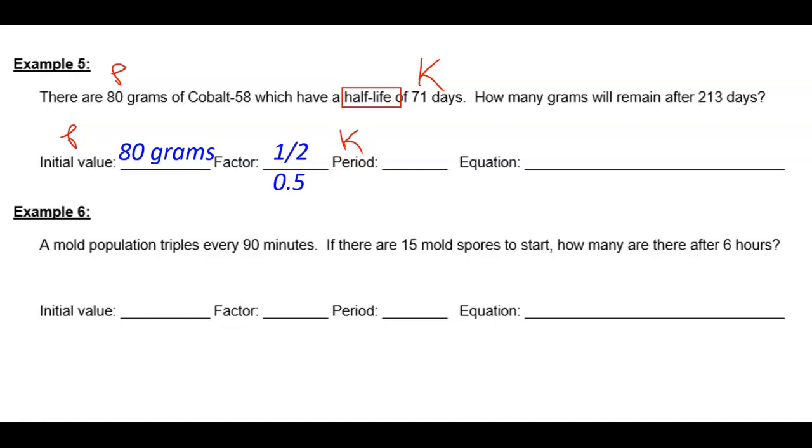Okay? Very important. The amount of time it takes to change is the period, but the T time is what they ask you at the very end. How many grams are going to be after 213 days? That's your T. Okay? Please notice there are two different day values. How much time it takes to change is your period. The amount of time they're asking you for is your T time.